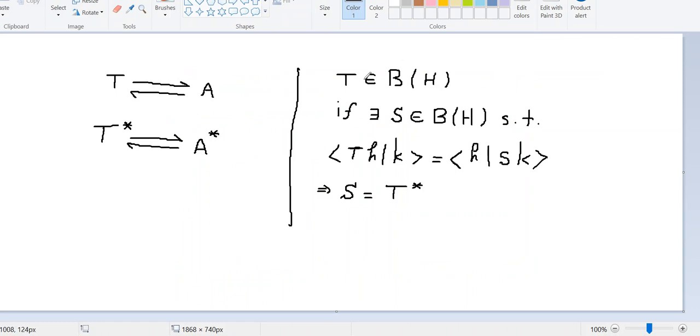It means if you want to find the adjoint of the bounded linear operator, you have to find another bounded linear operator like S, such that this equation, which is the characterization of the adjoint, is satisfied. If this is satisfied, then S must be the adjoint of T. Okay, like this. We have to find S such that this is true. Then this means S must be the adjoint of T.